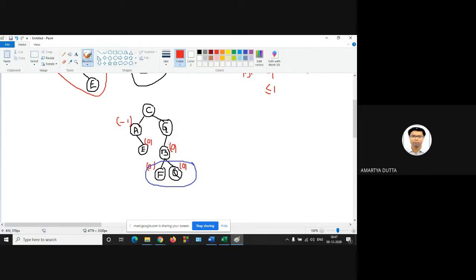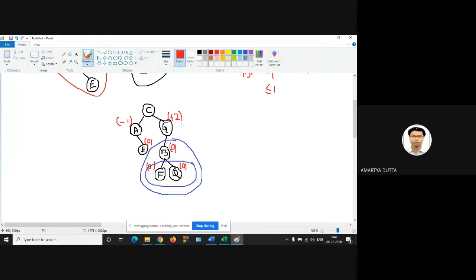Because the height of the left subtree of G is 2, and the height of the right subtree of G is 0. So that's why, by convention, it is plus 2. Okay. Every time you have to write the balance factor for every node.